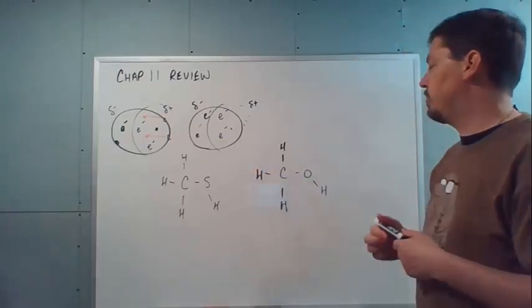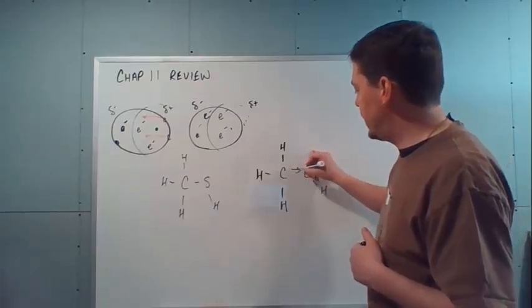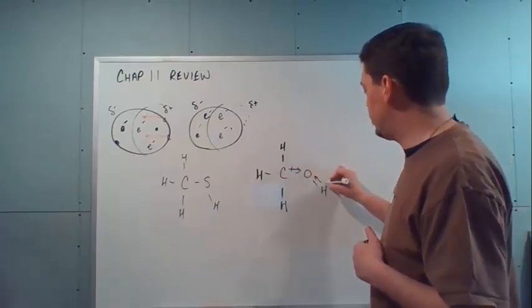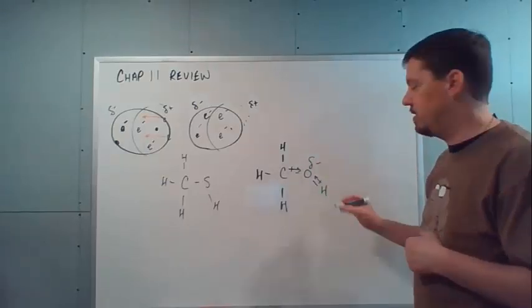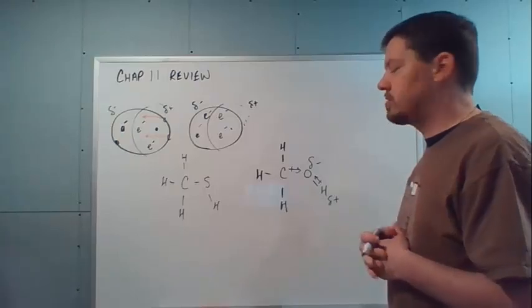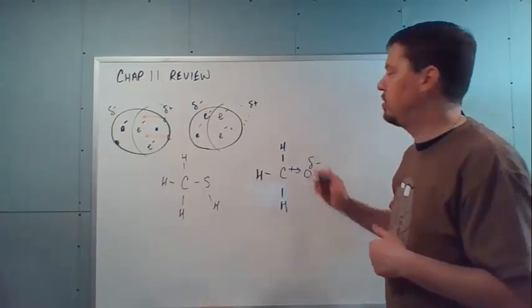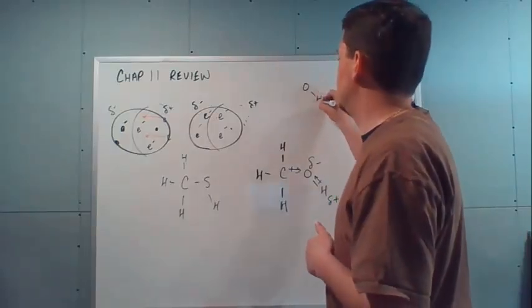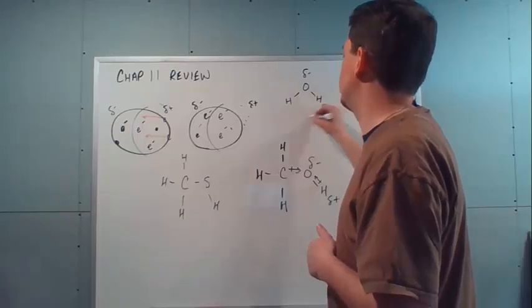So what about dipole-dipole? Well, we know that oxygen is highly electronegative, so it's going to pull the electrons towards itself. So we know that there's going to be a pretty strong negative here and a pretty strong positive out here. So now we have a polar part of the molecule, which isn't too different. You should always recognize that OH is being polar because we know that water is polar.